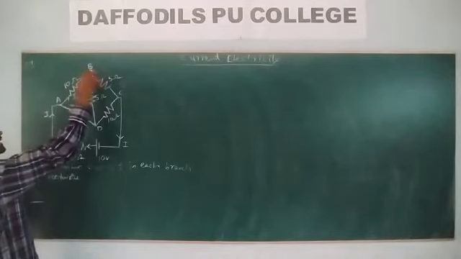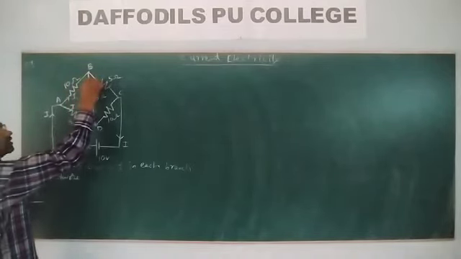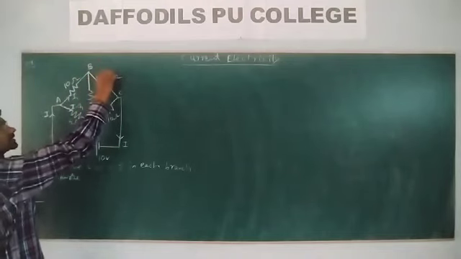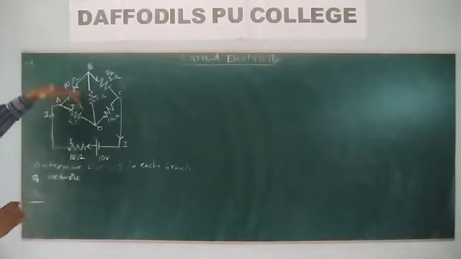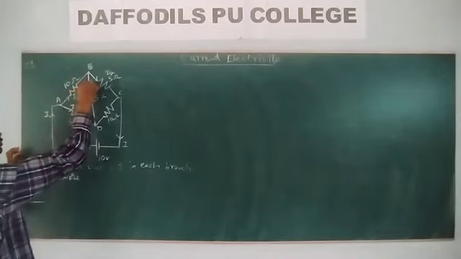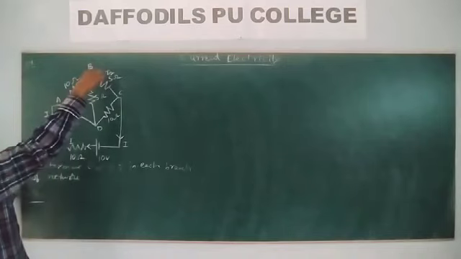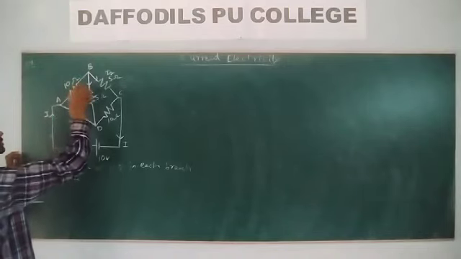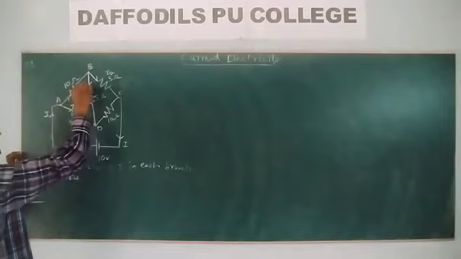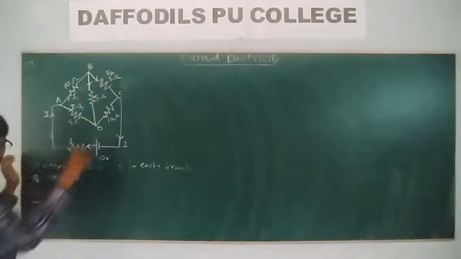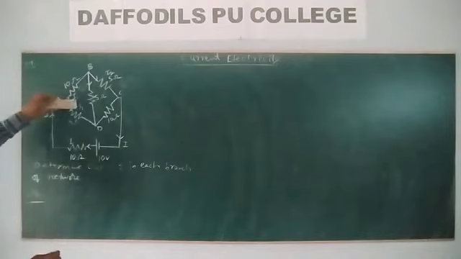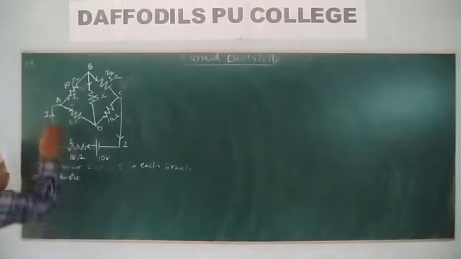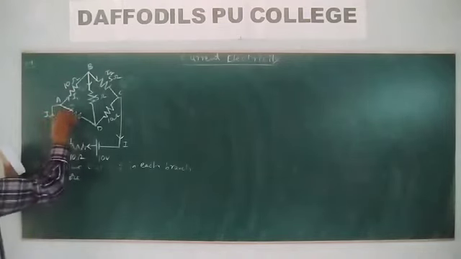Similarly, I1 current is entering. Out of that, if I2 current is flowing through this 5 ohm resistor, at this point the current will be divided. Then what is the current through this 5 ohm resistor? The current through the 5 ohm resistor is I1 minus I2. Let me take I1 minus I2 here, and this is I minus I1.